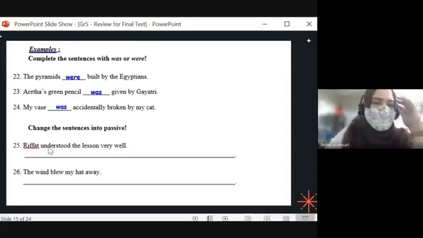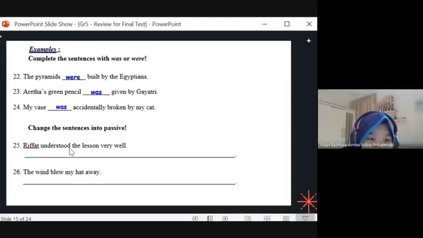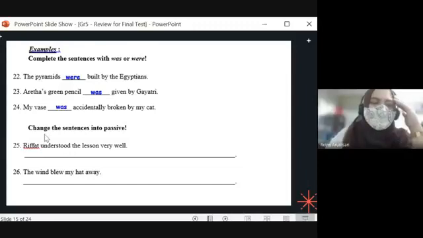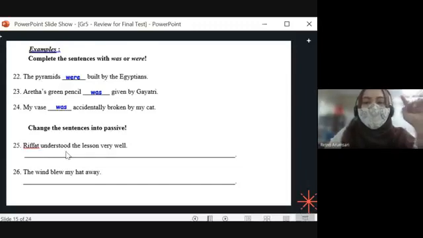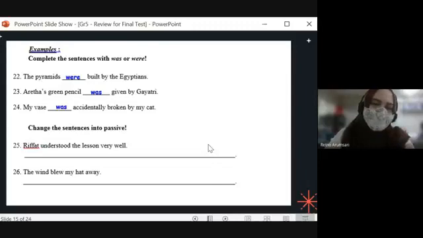A verb two of understand. Understood is the verb two of understand. So because it is a verb two, then you need to choose between was or were. Now what is the object of the sentence?